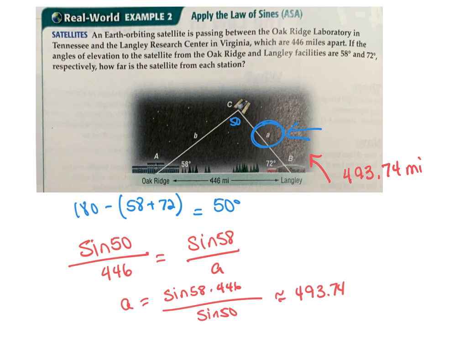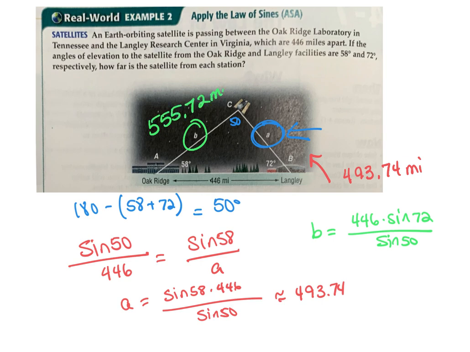That's going to be 446 times the sine of 72 divided by the sine of 50. That's going to be my B. And when they solved it out, it was approximately 553.72 miles. So the same thing happens here. Law of sines, law of sines.